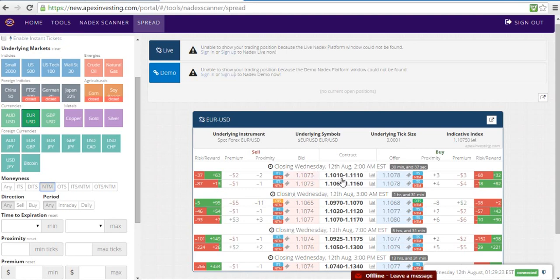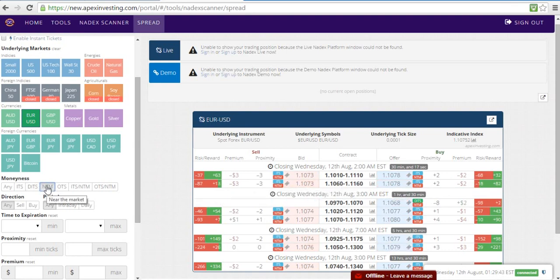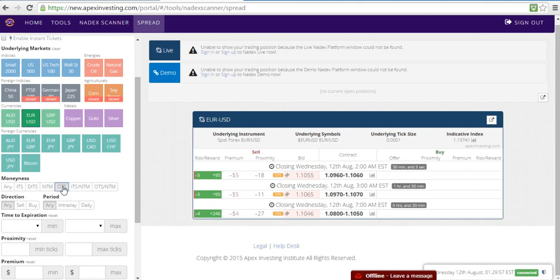This particular one is not focused on floor and ceiling so much as the price. The bid or offer is within 10 ticks of the indicative. That way, if you're trying to find a spread that's as close as possible to the indicative, you can.